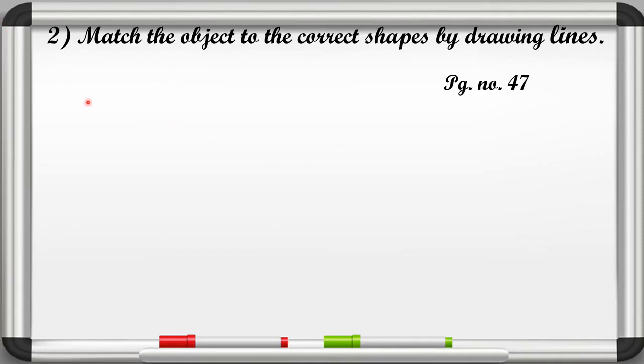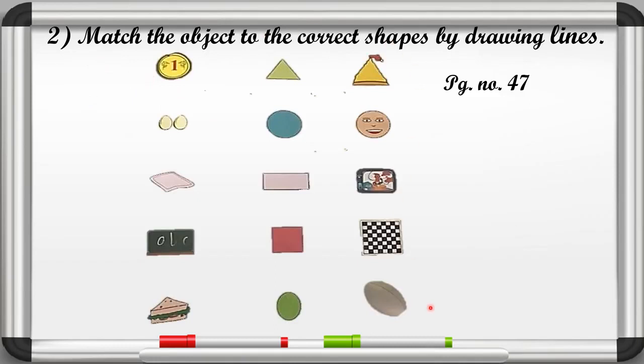So let's start. Here these objects are given and we have to match the objects with the correct shapes. Here the first object is a coin. Now beta, tell me what is the shape of a coin? That is of circle shape.